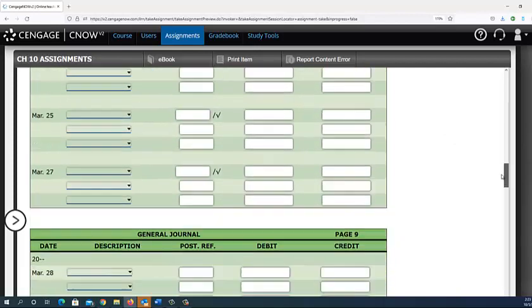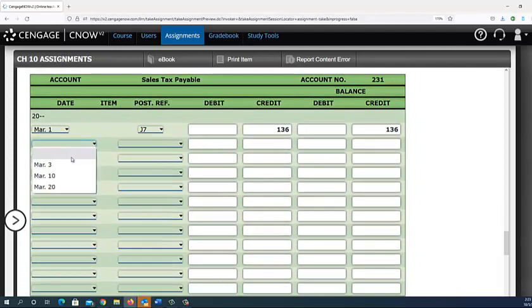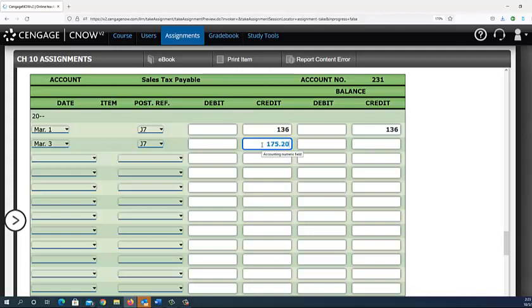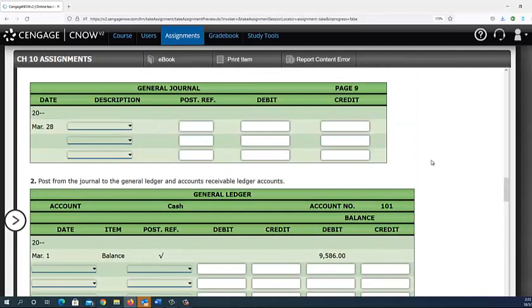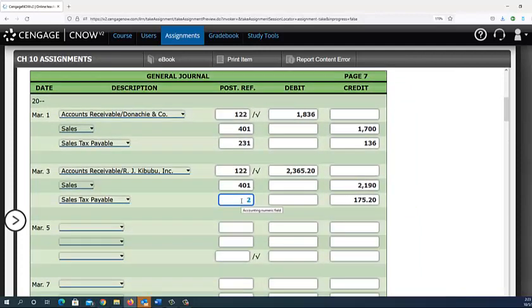It's a credit of $175.20. Okay, and that gives us a total credit of $311.20. We had a credit and another credit to get the credit of $311.20. Okay, so that would be posting reference 231.